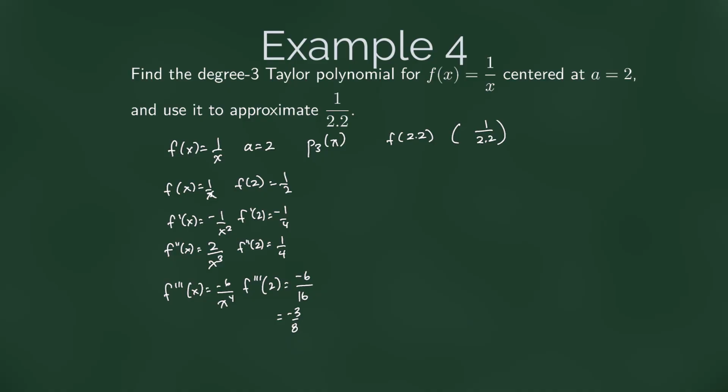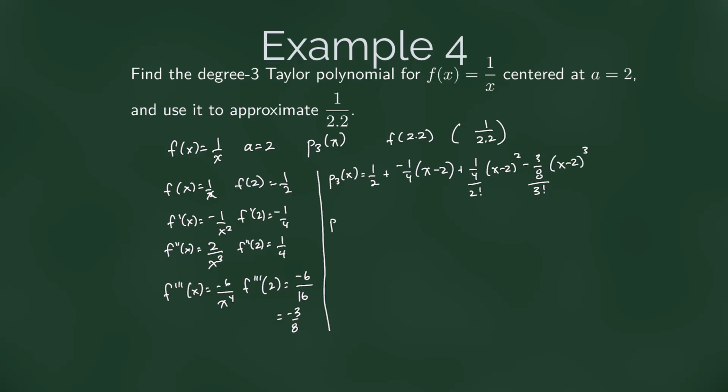All right, we're going to use those values now in order to calculate P sub 3. So P sub 3 of x is going to be f of 2 plus f prime of 2 times x minus 2, plus f double prime of 2 over 2 factorial times x minus 2 squared, plus, in this case minus since it's negative, f triple prime of 2 over 3 factorial times x minus 2 cubed.